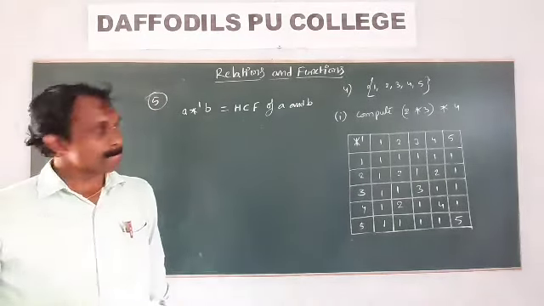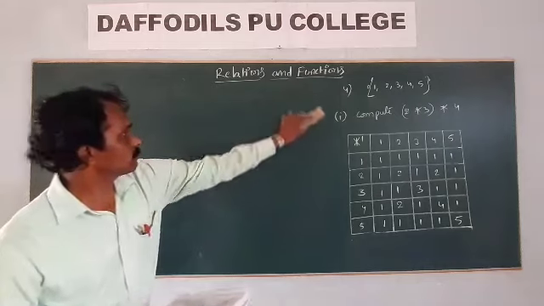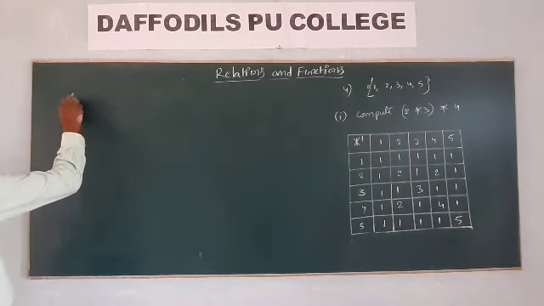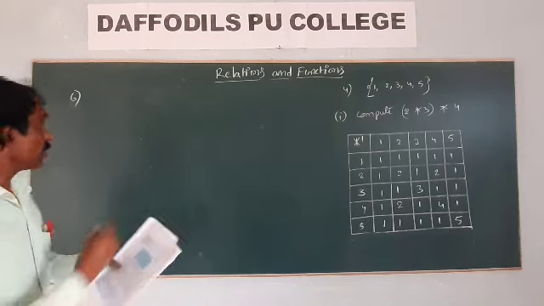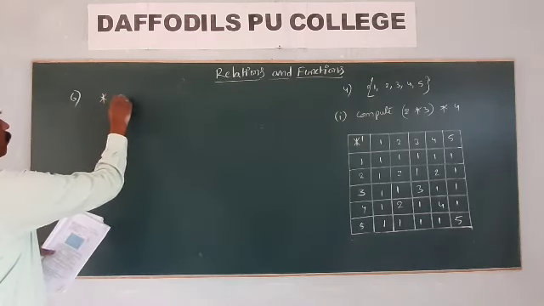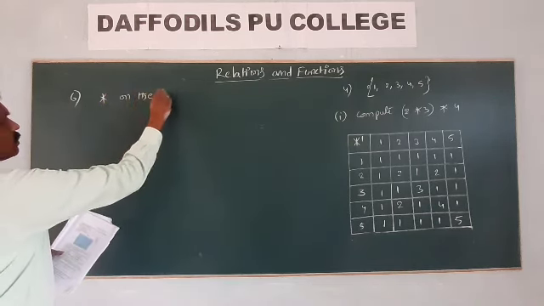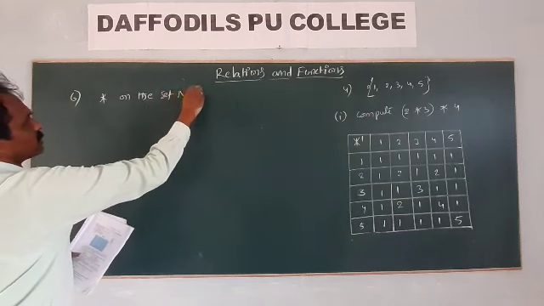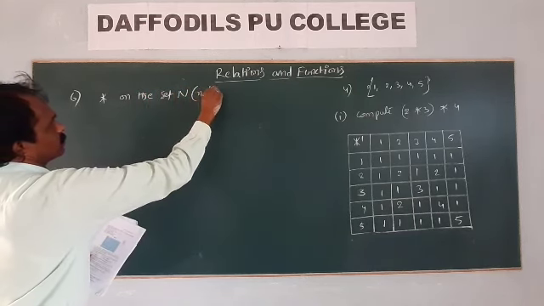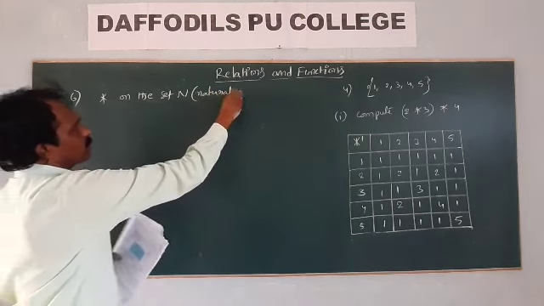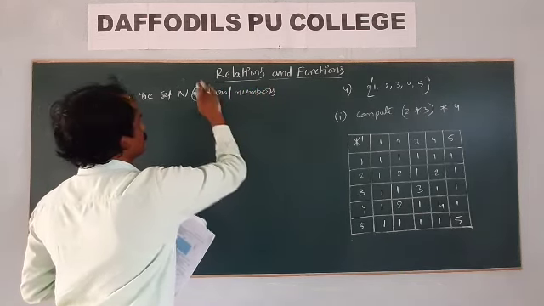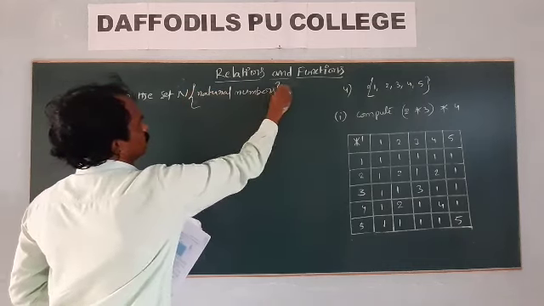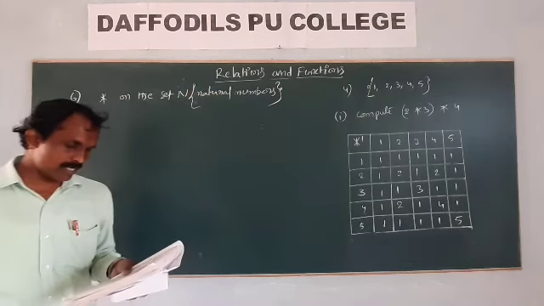Next, sixth question. Star is a binary operation on the set N, the set of natural numbers.